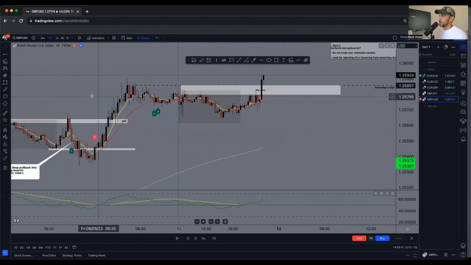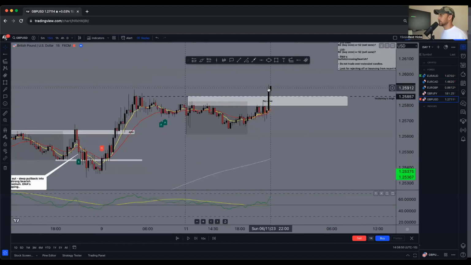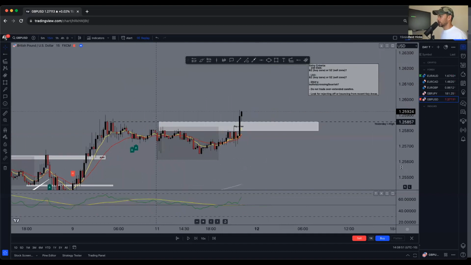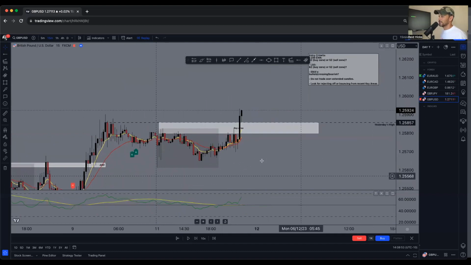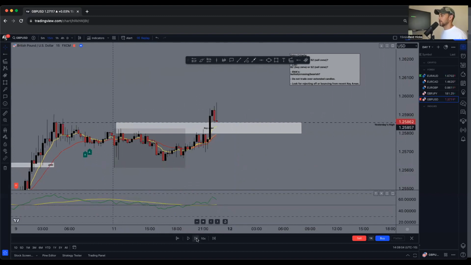Actually, it's the biggest one since the first bull run, so a day. This is the biggest engulfing overextended candle in a day. So again, approach this with caution, especially with the L50 being neutral. Look at that strong bullish momentum, but L50 still needs to catch up. So let's see what happens here.